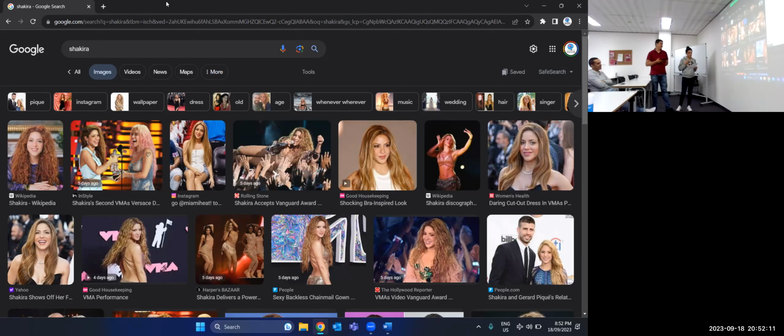Billboard Latin Music Awards Album of the Year, Video of the Year for Estoy Aquí, and the Best New Artist. She released her first album in English.